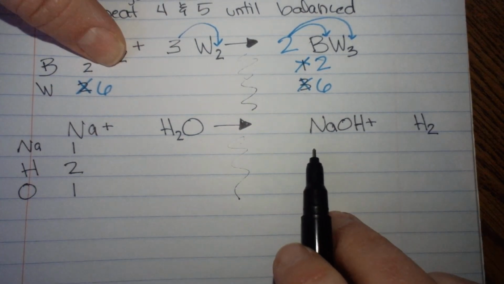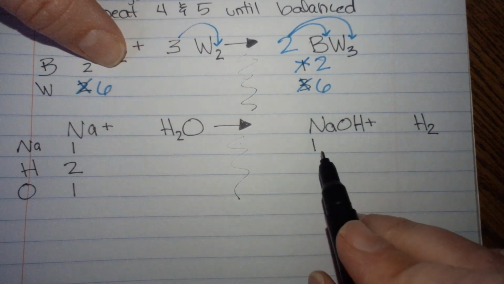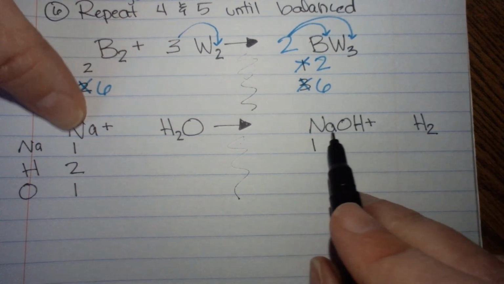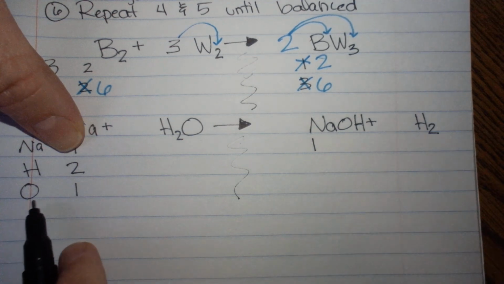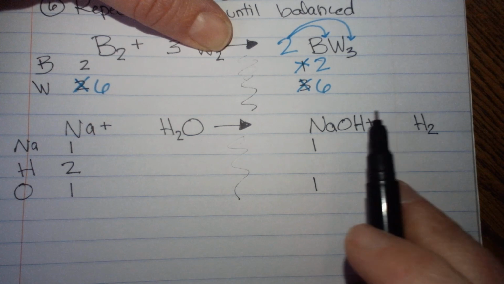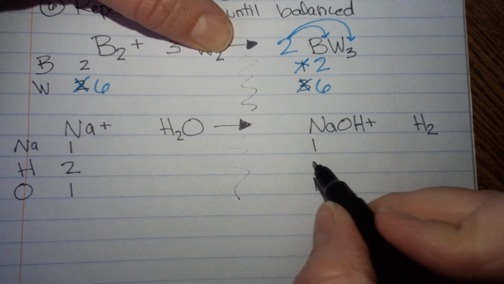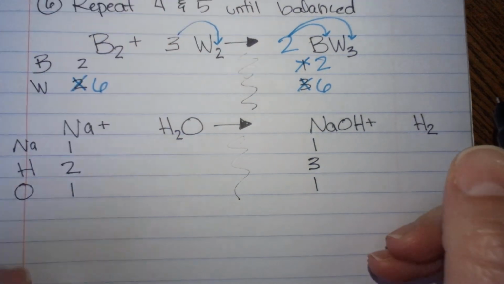In the products, I have 1 sodium, now be careful here, I have 1 oxygen, but my oxygen's in this row. And then hydrogen gives me a problem. I have 2 hydrogens here and 1 hydrogen there, so I have 3 hydrogens total.